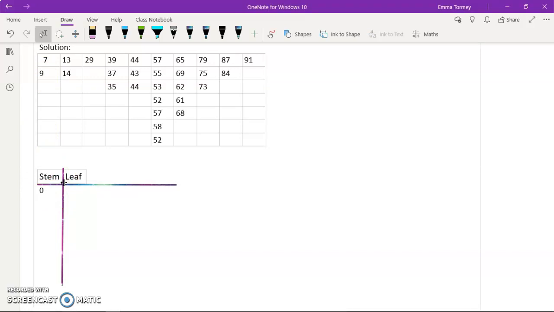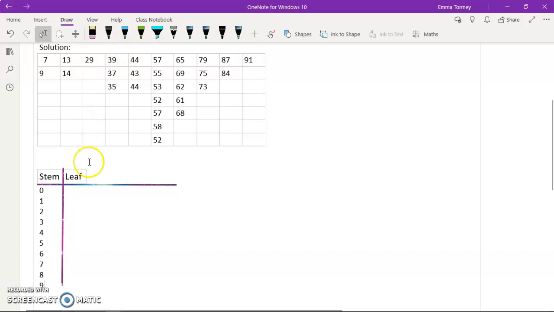The next is going to be a 1, then a 2 for the 20s, a 3 for the 30s, a 4 for the 40s, a 5 for the 50s, a 6 for the 60s, a 7 for the 70s, an 8 for the 80s, and a 9 for the 90s.